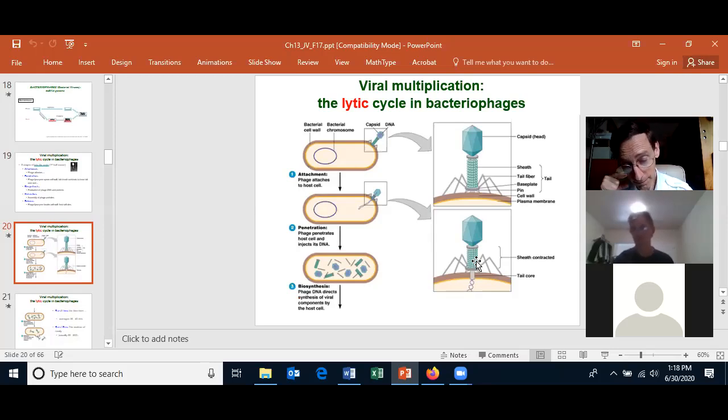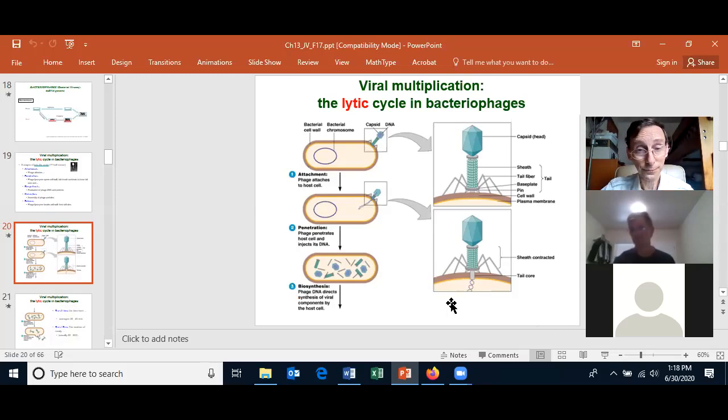Getting through the cell membrane isn't difficult because the structure of the virus essentially punctures the cell membrane, and then the genome is injected into the cell.